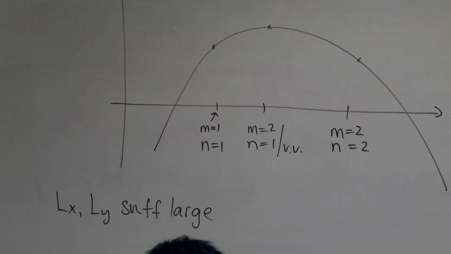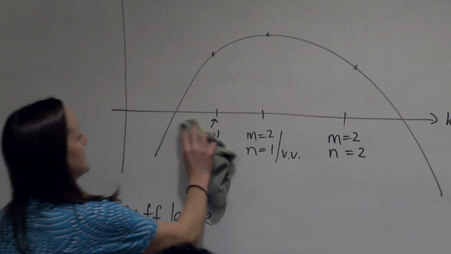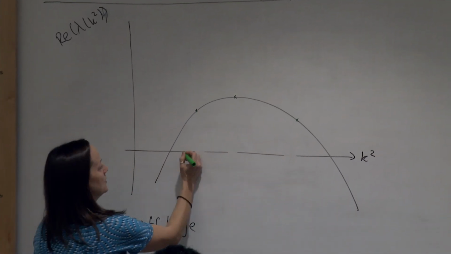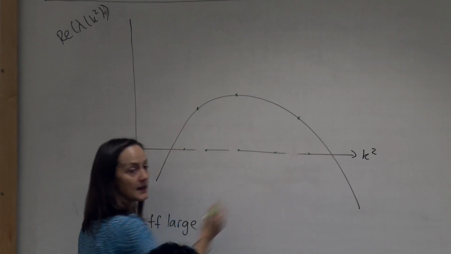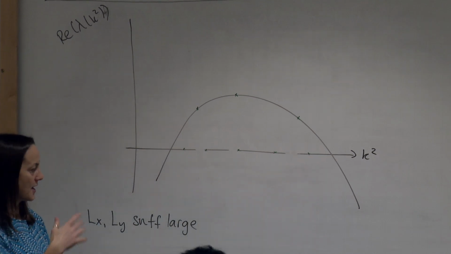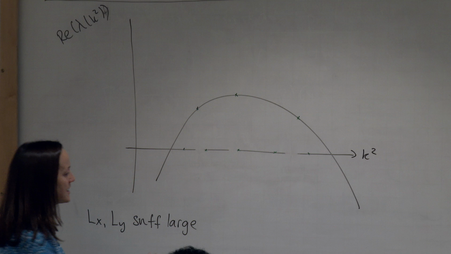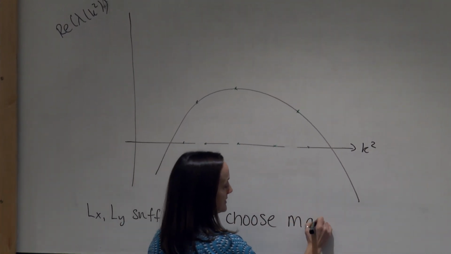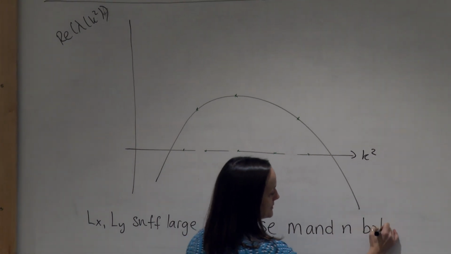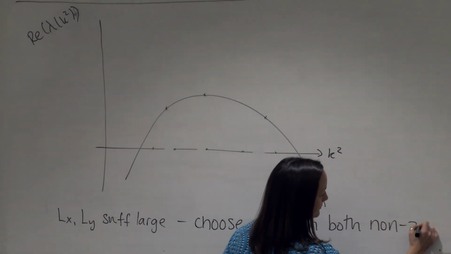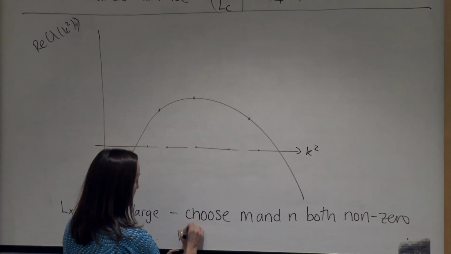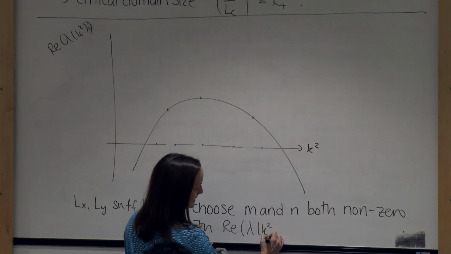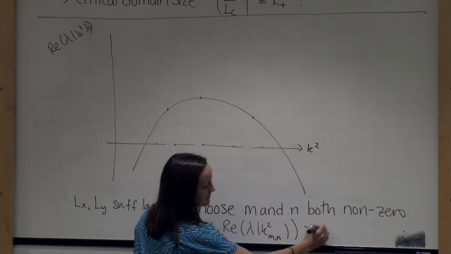If I take Lx and Ly to be really, really big, then I might get lots of different values in here that have lambda with a positive real part. So if Lx and Ly are sufficiently large, I can choose m and n both non-zero with the real part of lambda of k squared, let's call it mn to be clear, greater than 0.